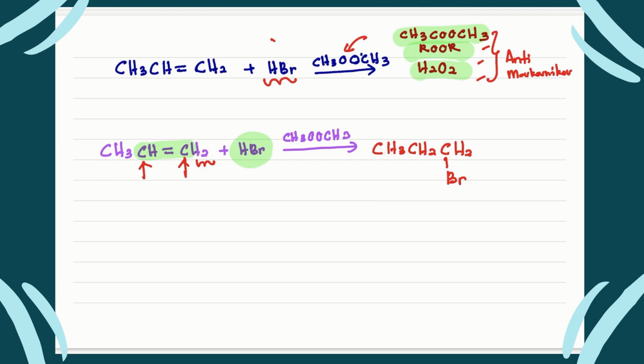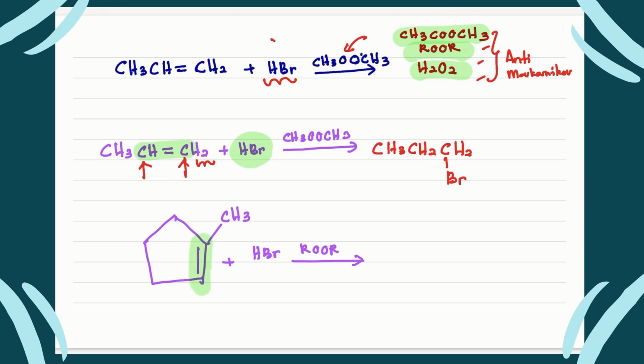So let's say we have a cyclic compound, maybe like this. I always use methyl. R represents methyl. So in this case, we have HBr, and then there is another group.